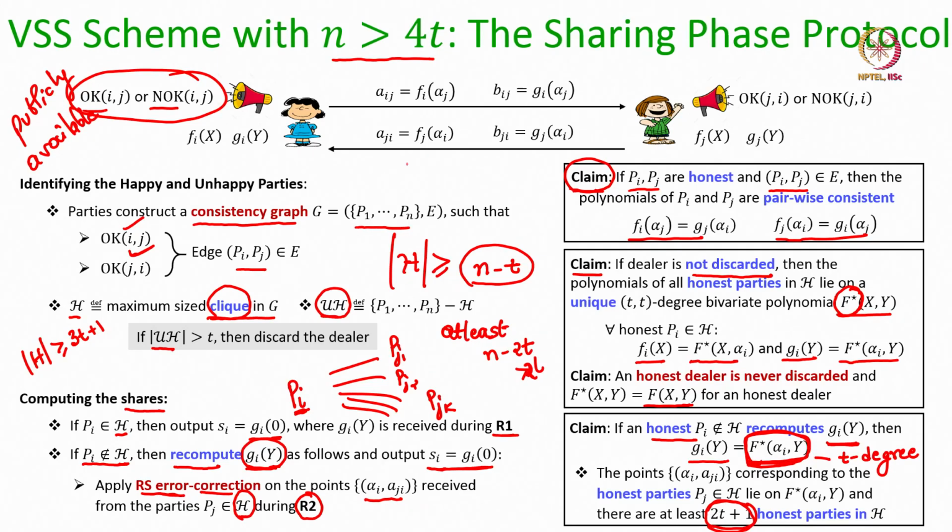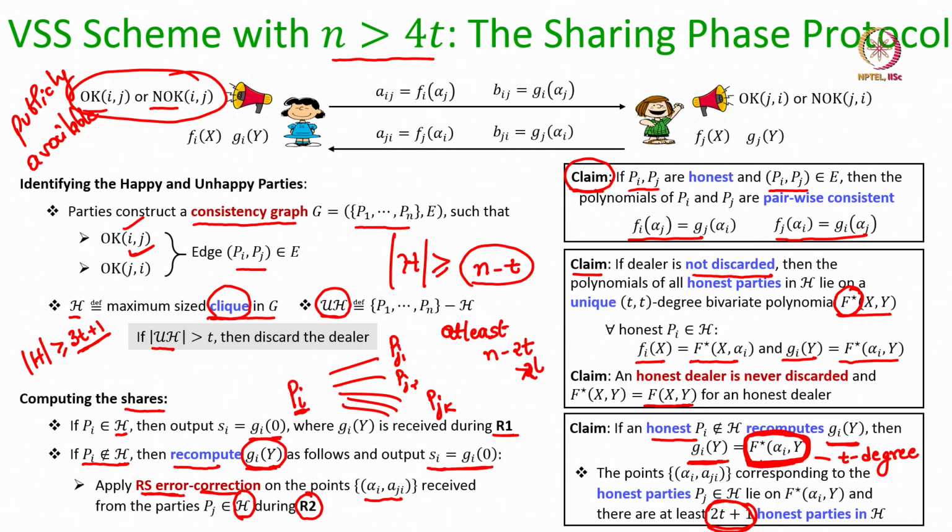So, now we know that if the degree of the polynomial is t and there are at least 3t plus 1 values of which up to t could be corrupt, the Reed-Solomon error correction process will work correctly, and whatever polynomial is obtained by p_i, namely this recomputed g_i(y) polynomial, it will be nothing but the ith column polynomial on this f star bivariate polynomial.